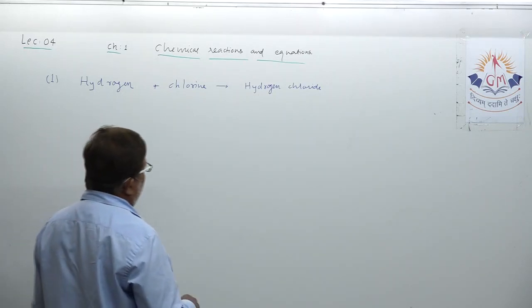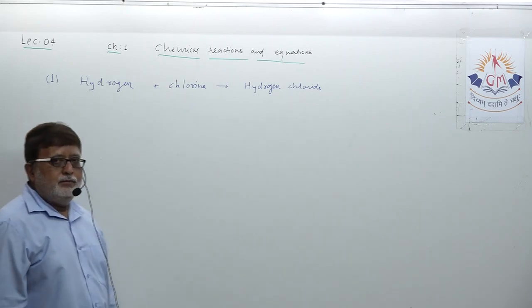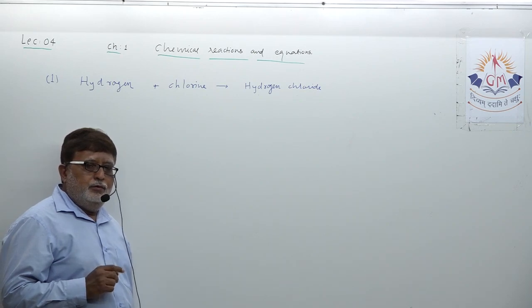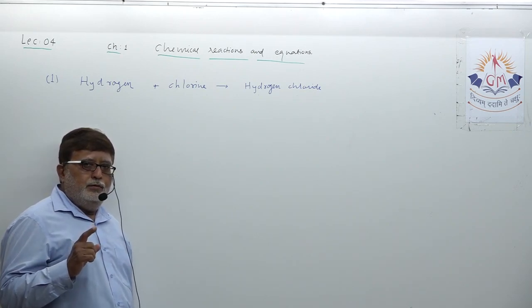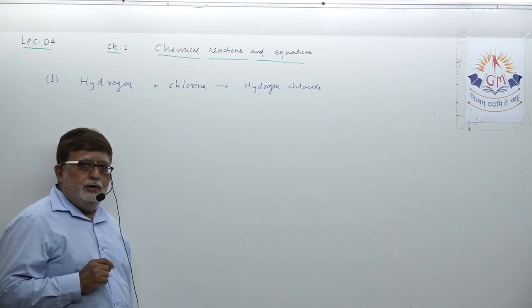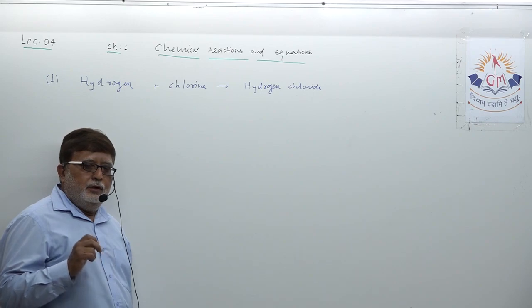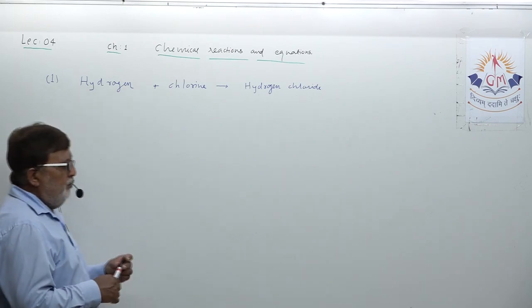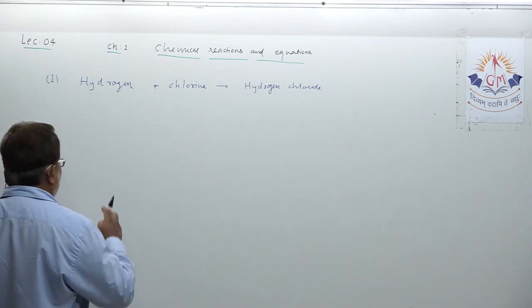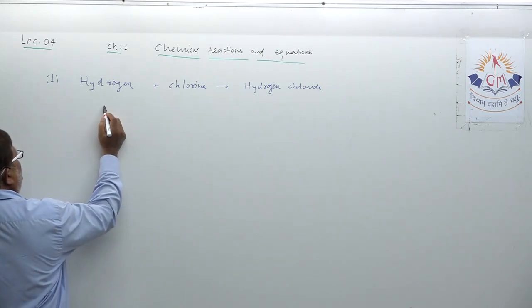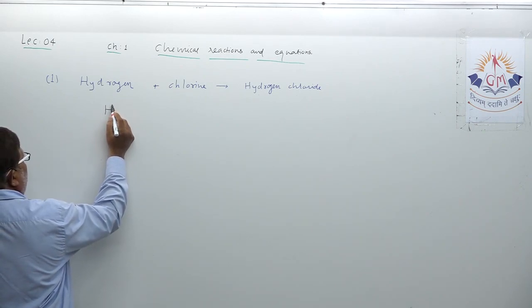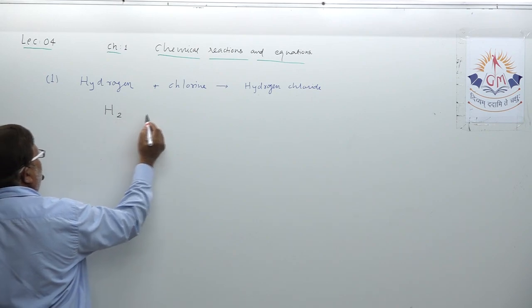Now dear student, remember one thing very well. Whenever a word equation is given to you, first you have to convert it into a skeletal chemical equation by utilizing proper symbols and formulas, okay? You all must be knowing the formula of hydrogen. Hydrogen is diatomic in nature, I have to write H2.